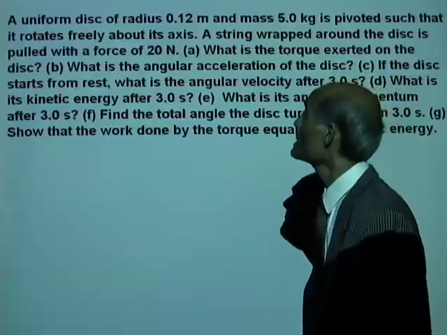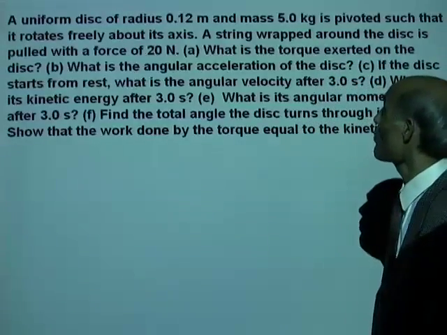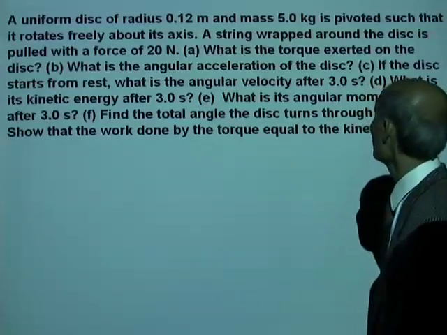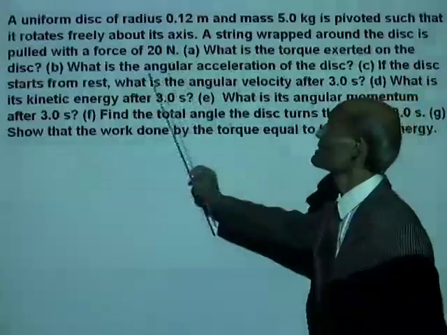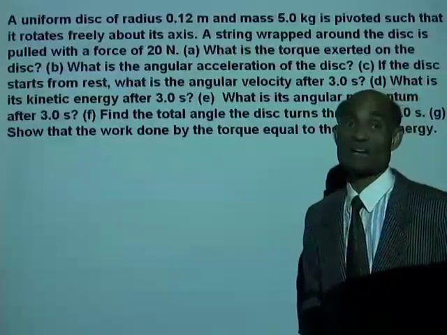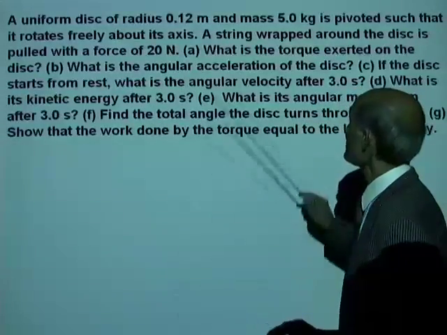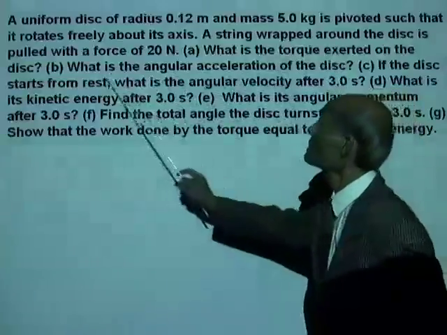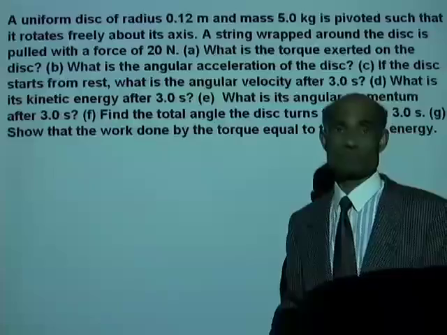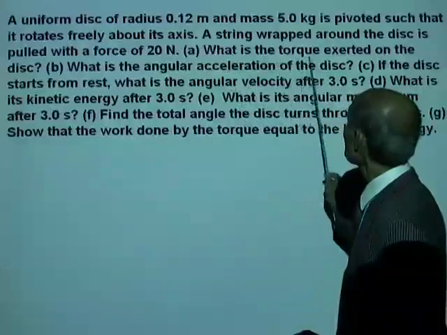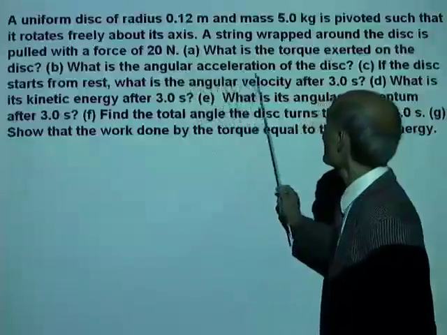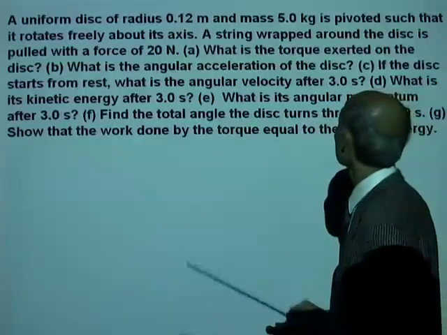A uniform disk of radius 0.12 meter and mass 5 kilogram is pivoted such that it rotates freely about its axis. A string wrapped around the disk is pulled with a force of 20 Newton. What is the torque exerted on the disk? What is the angular acceleration of the disk?